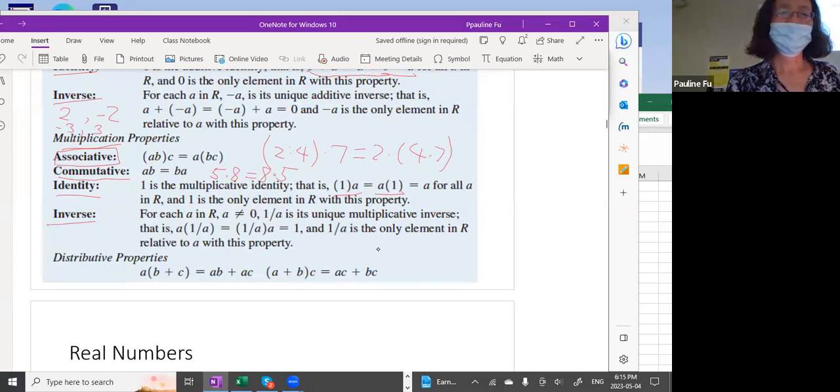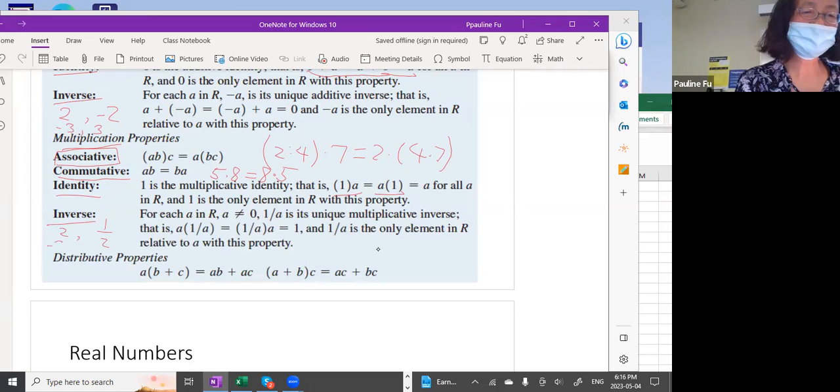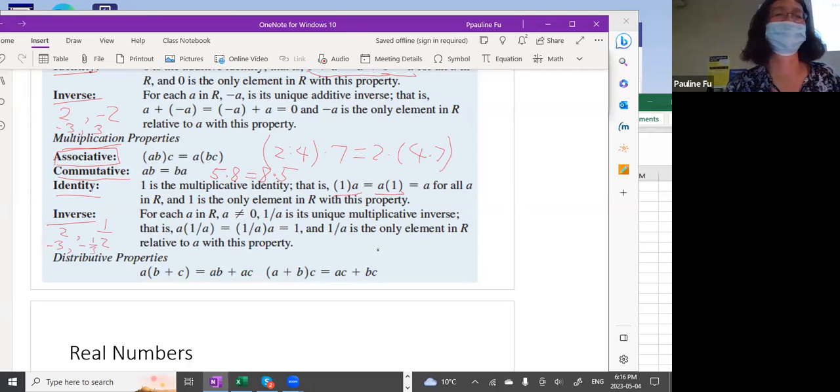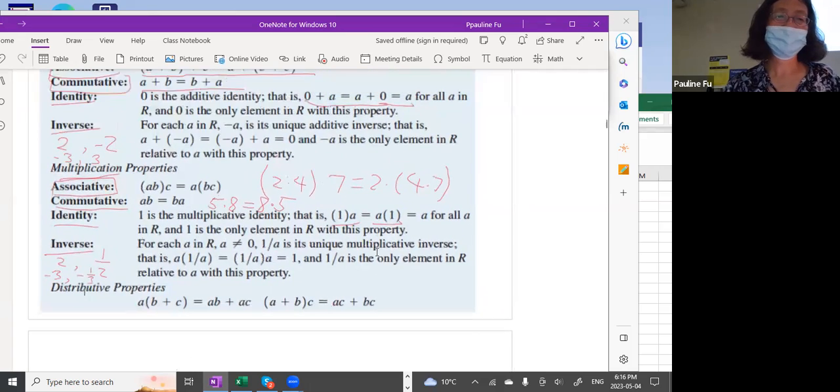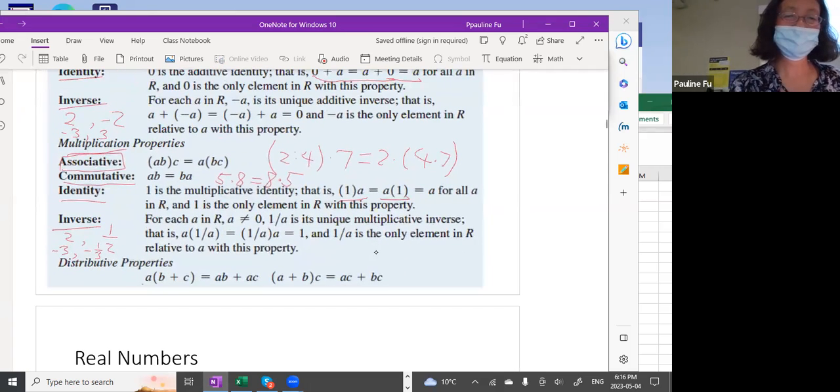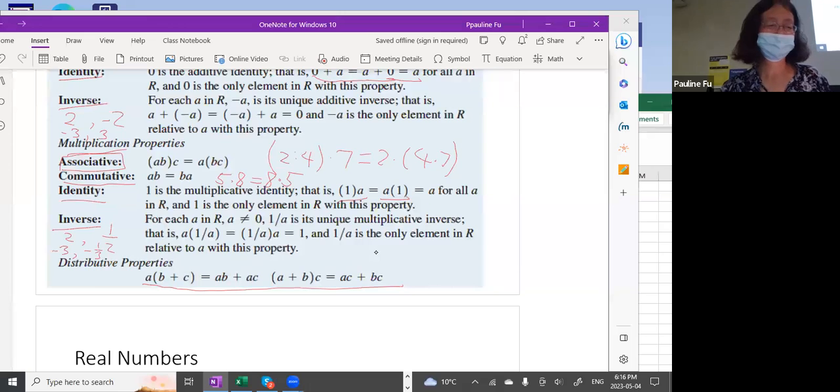Inverse: the inverse of number 2 is 1 over 2, because if you multiply them together, it is 1. The inverse of -3 is -1/3. And then we have the distributive rule. Any questions?